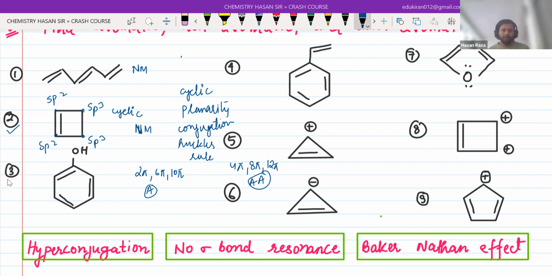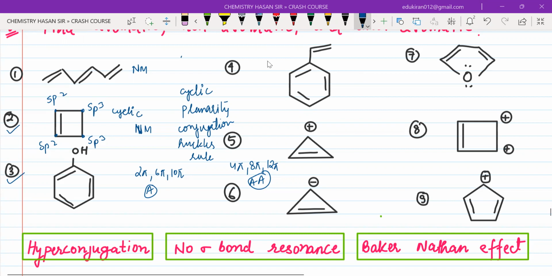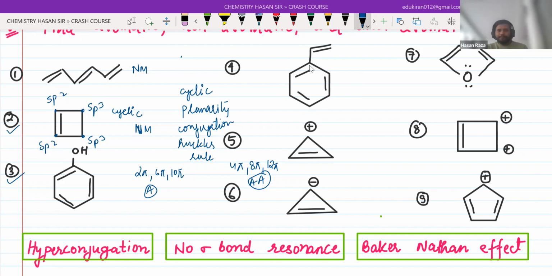Are you able to solve question number three? Yes or no? Aditya, are you able to solve question number three?